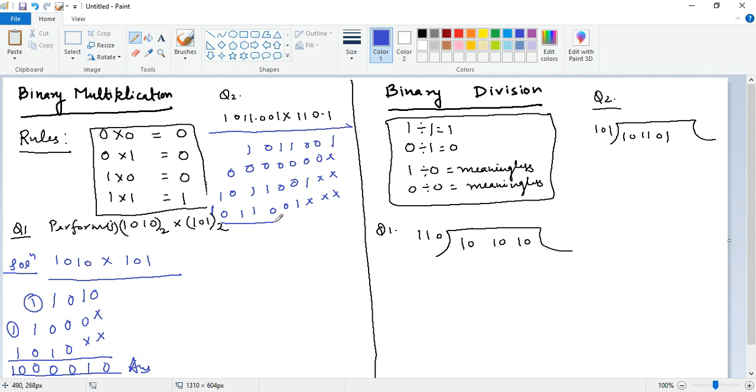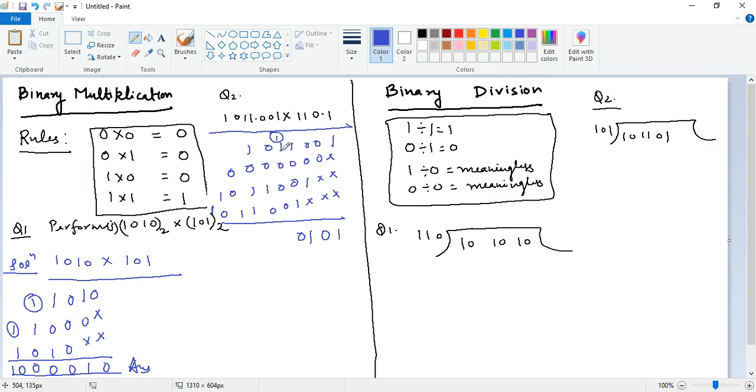Now we have to add these numbers. 1 0 1 0 0 0 0 0 plus 1 1 1, plus 0 1 1, plus 1 0 with carry 1.